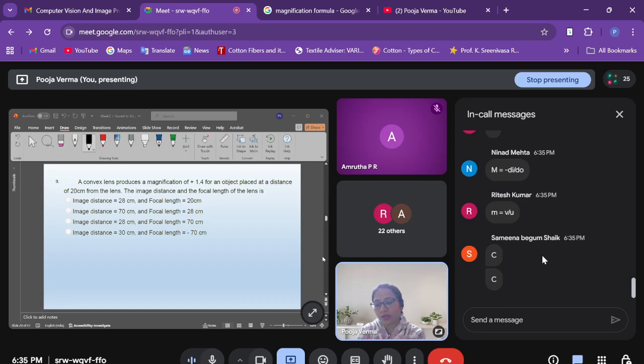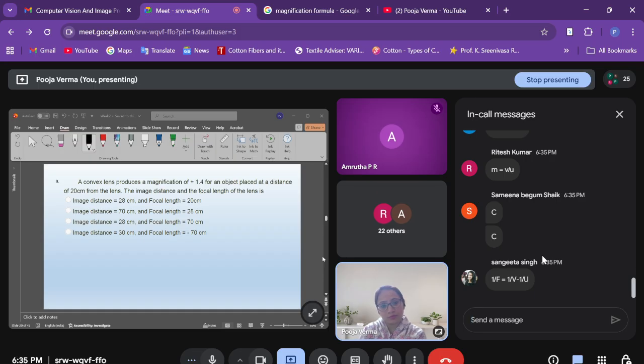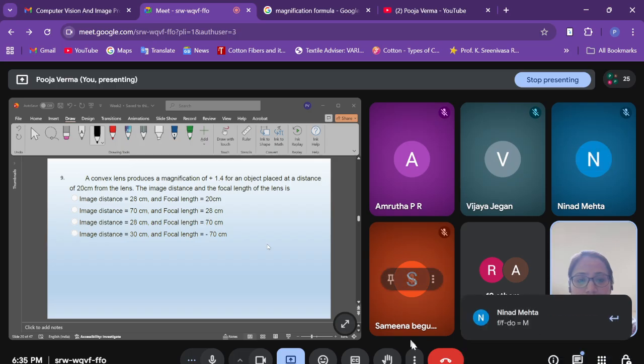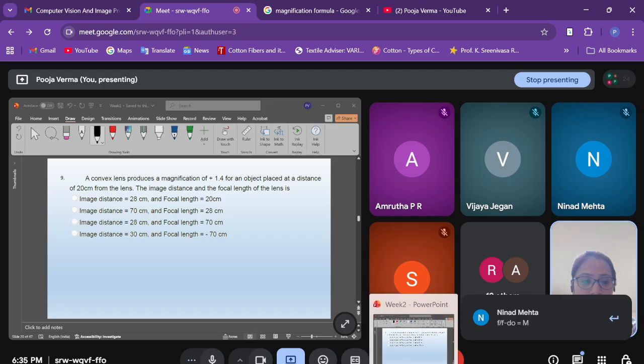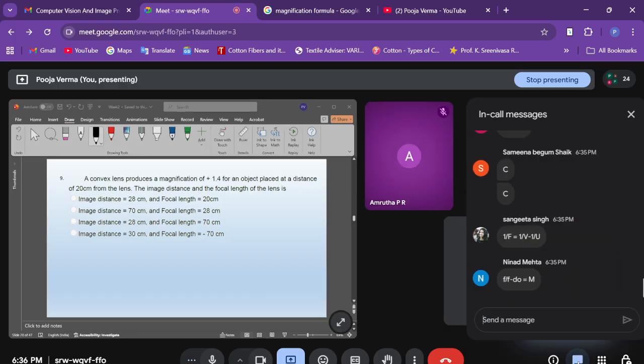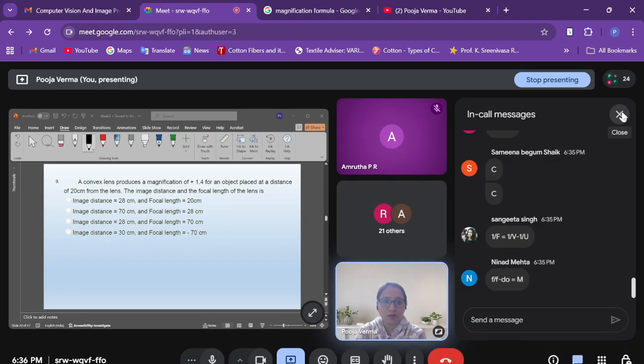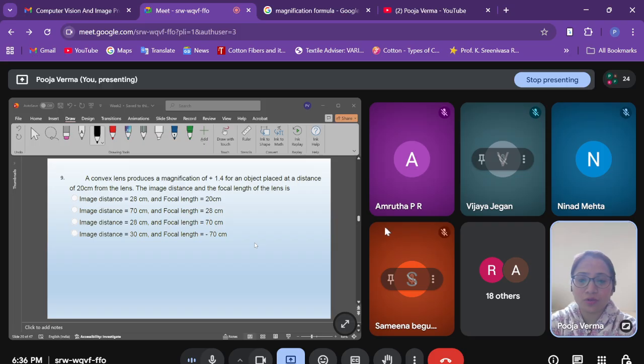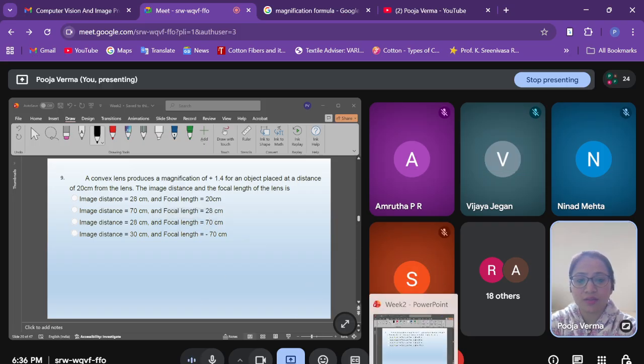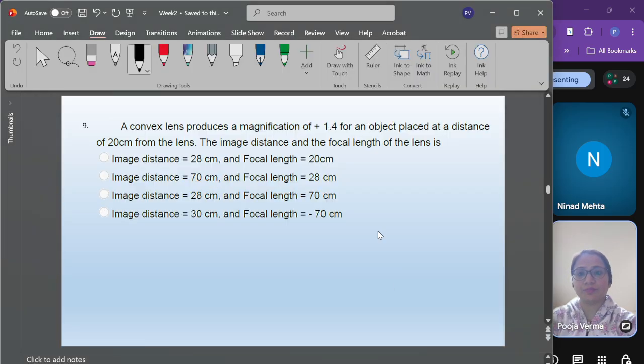And for focal length, how can we calculate? Okay, most of you are saying option C is the correct answer. Let's see.